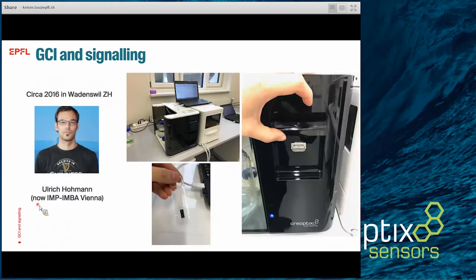So my journey with the system started around 2016 in Waedenswil. An ex-colleague of mine, Ulrich Ullmann, who is now in Vienna, and I went there to take a look at one of their earlier devices. I dug up some photos from back then, and I don't think the system has changed that much in how it looks externally.